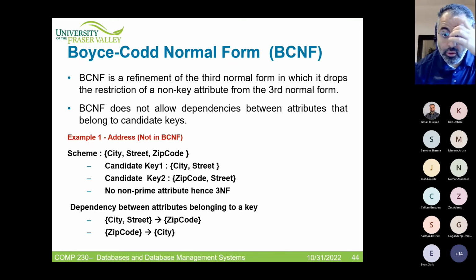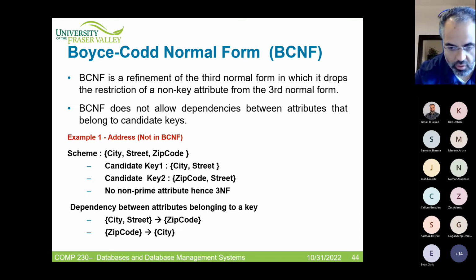So now let us discuss BCNF. BCNF is, like always, another refinement of the third normal form, which means it adds another restriction to the third one. So what is the third normal form so far?